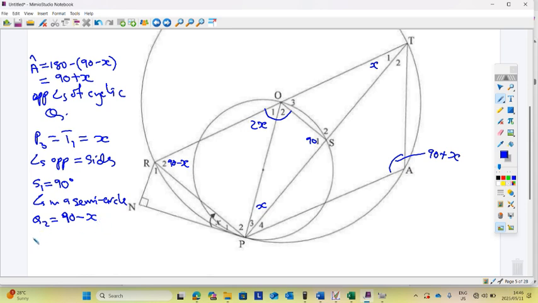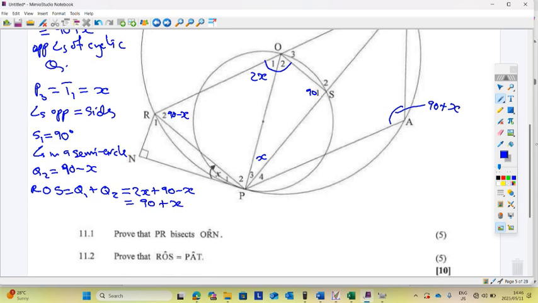Now the angle that we are interested in, the angle ROS, is equal to Q1 plus Q2. This is Q1 plus Q2, and this is 2x plus 90 minus x. Q2 is 90 minus x there, and this is equal to what? This is 90 plus x. Now we have the sizes of the two angles that we want.